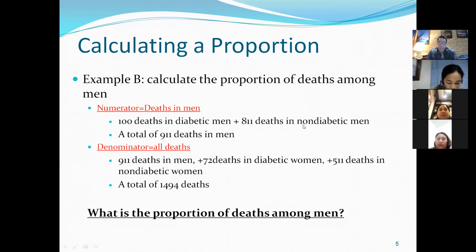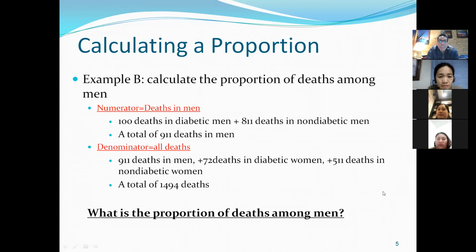And then you multiply that by 100. And that should give us, let's see what your answers are. Very good, 60.97%. So don't forget to put the percent, because proportion is expressed in percent. That's why we multiply it by 100.